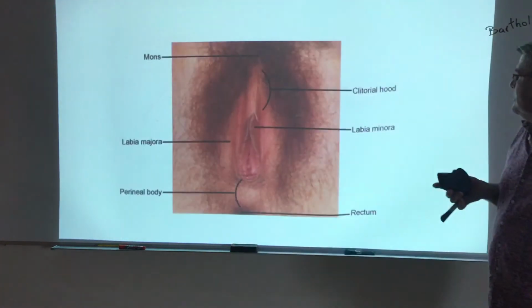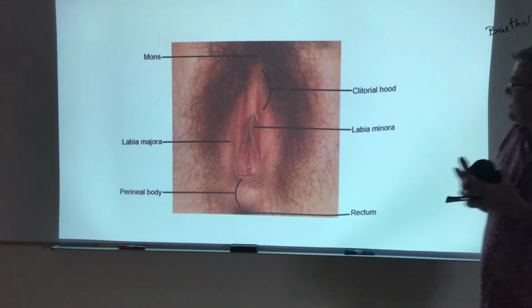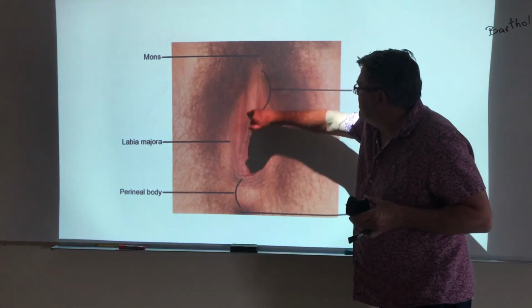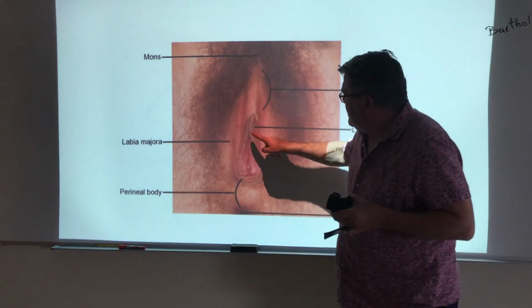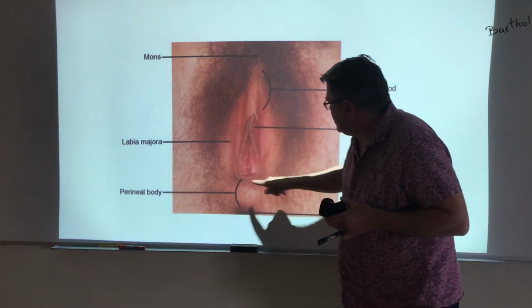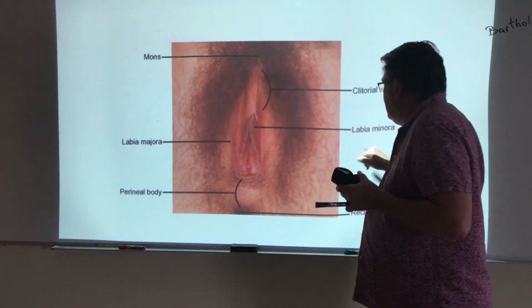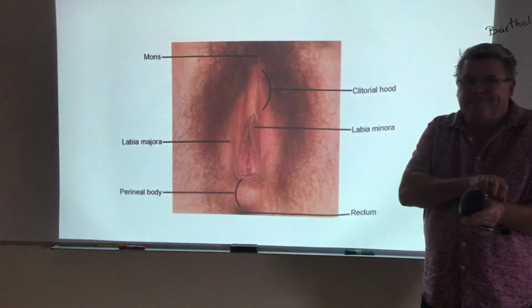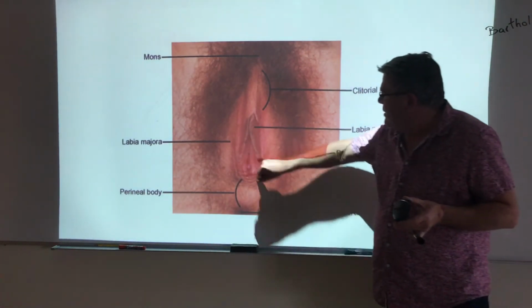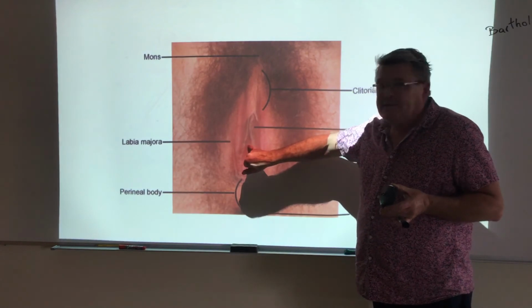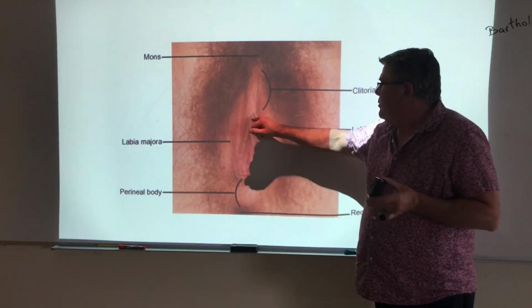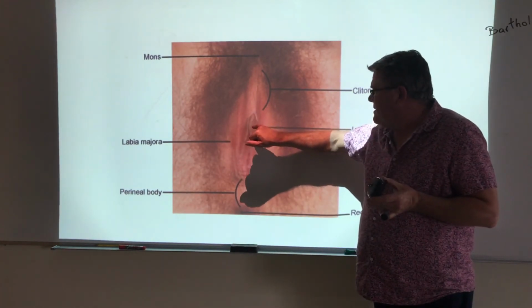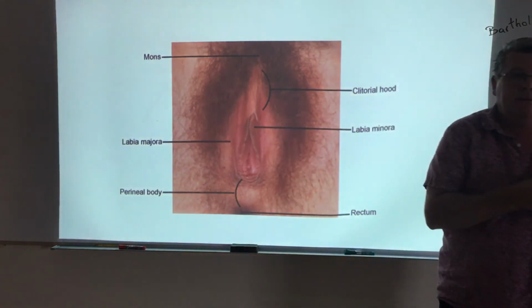If we look at it like this, there's that clitoral hood that I mentioned, the labia majora, which is much more fatty, and then inside the labia minora, which on the last one you essentially couldn't really pick out. The vaginal opening itself is here, and the urethral opening is essentially right next to it.